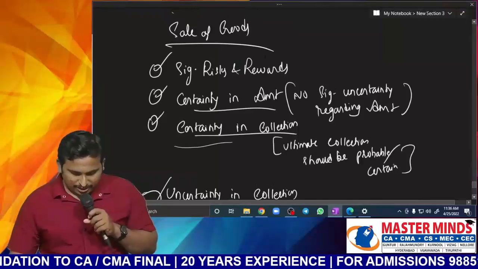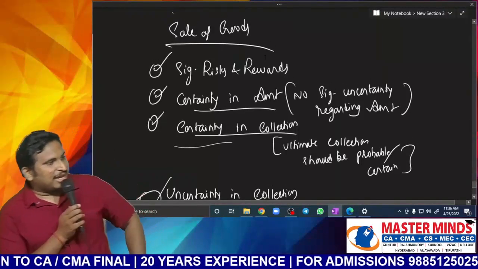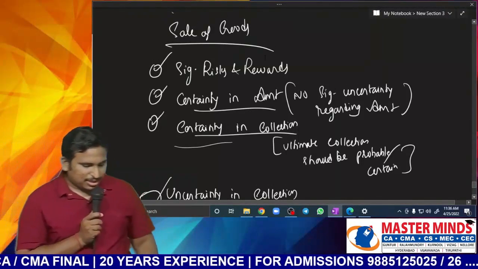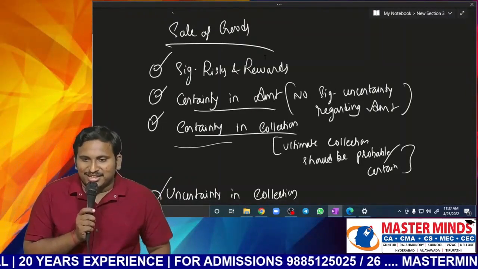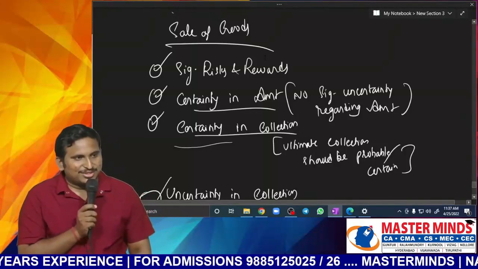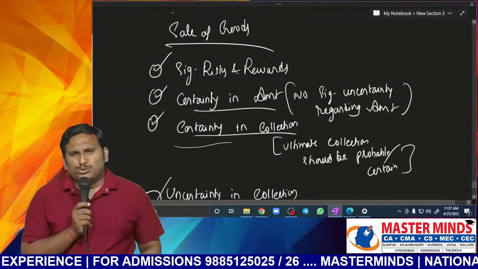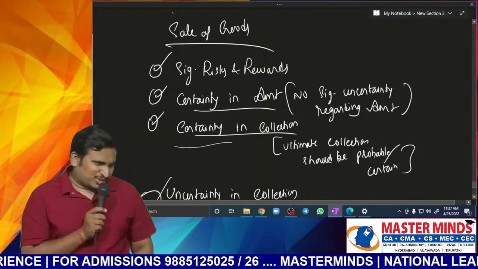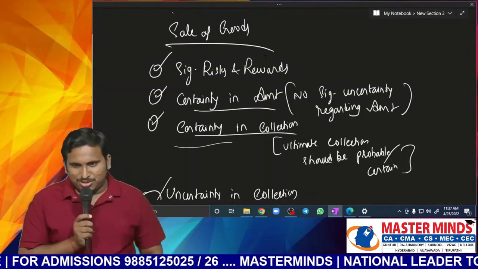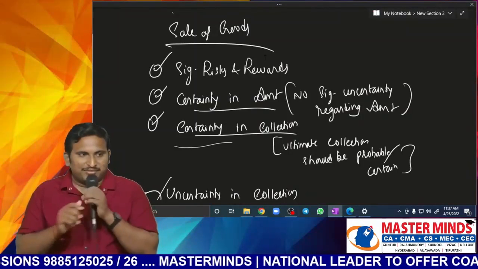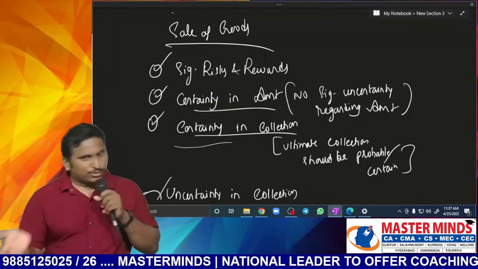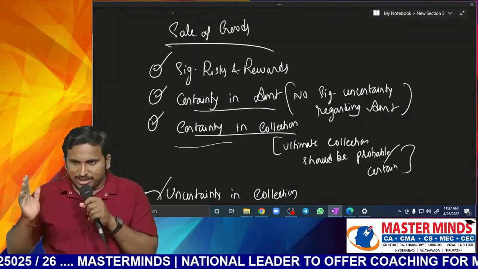Now, next, the first one: significant risks and rewards. Sir, when will significant risks and rewards be transferred? When do you think it will be transferred, sir? Usually along with possession. But we cannot see only possession as the main thing, sir. Once billing is done and we say it is transferred, usually risks and rewards are transferred.